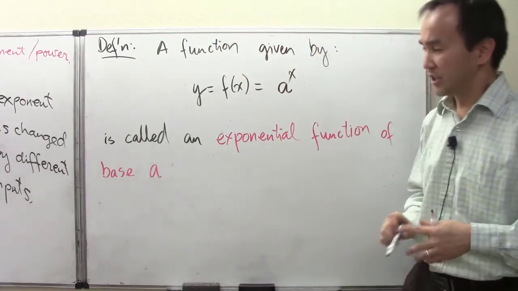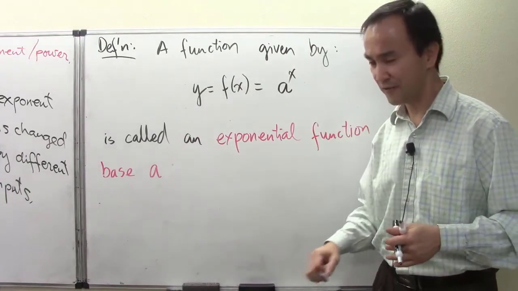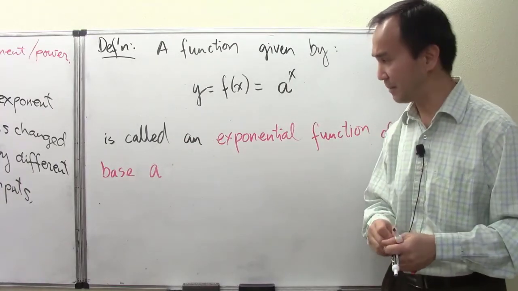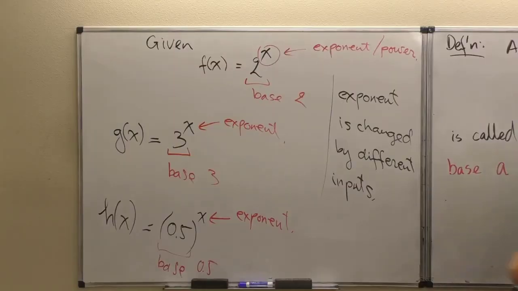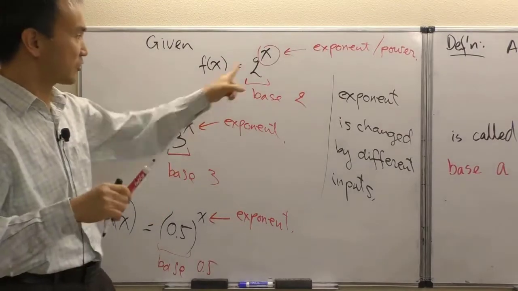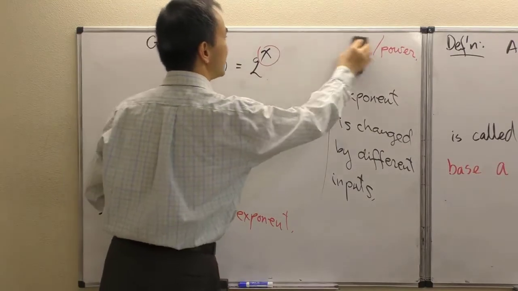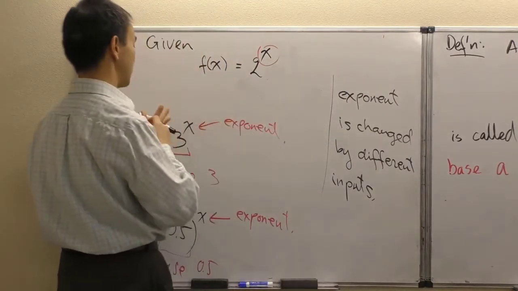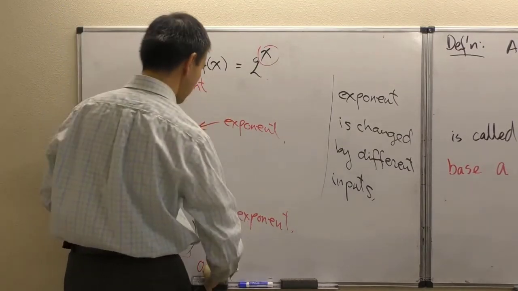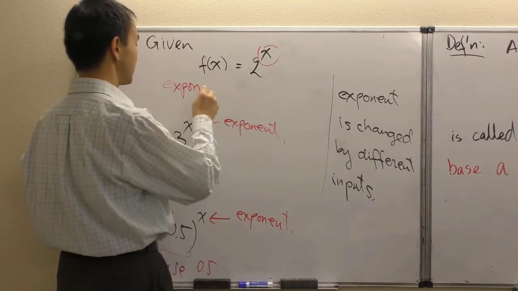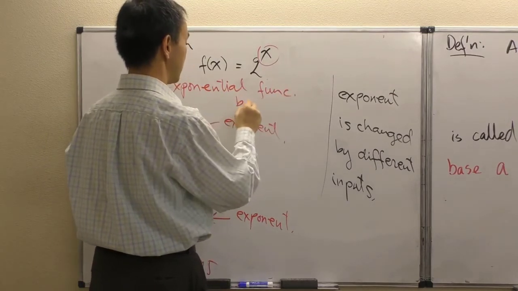I'm not completely done with writing down the definition, but allow me to pause right here about this definition. Let's go back to the other board. This function, 2 to the x, is now legally regarded as an exponential function of base 2.